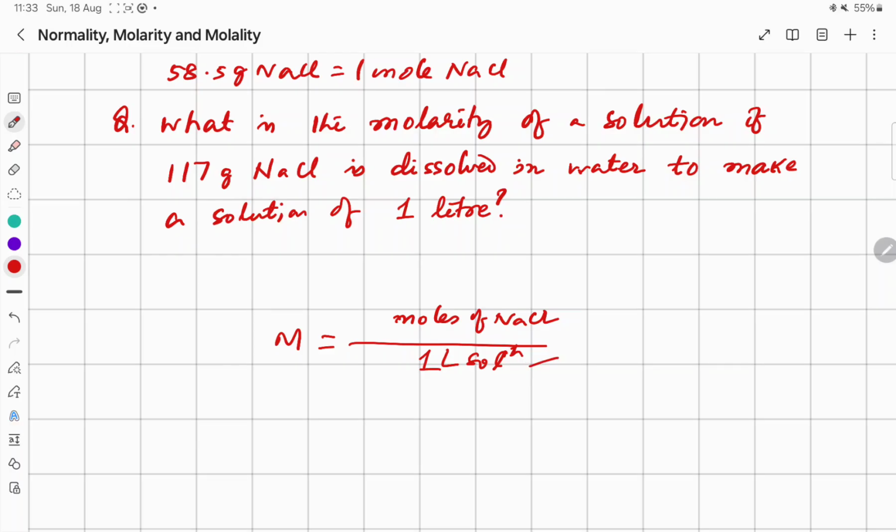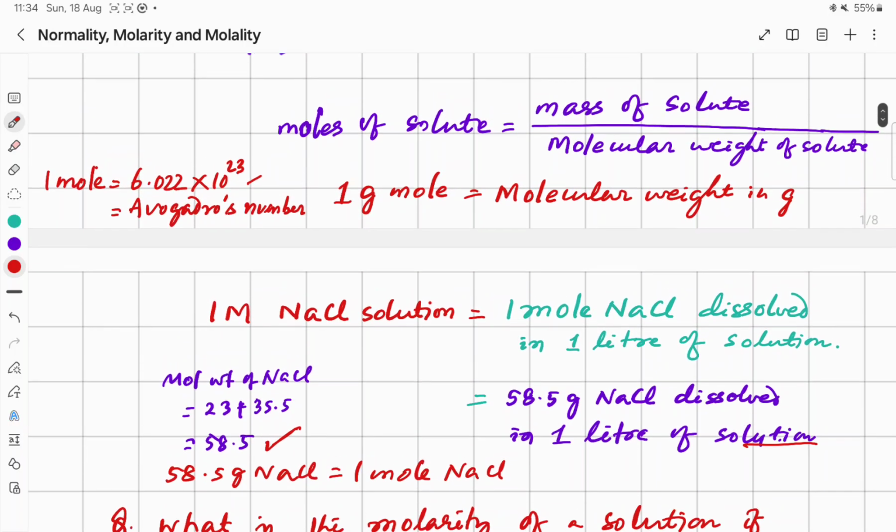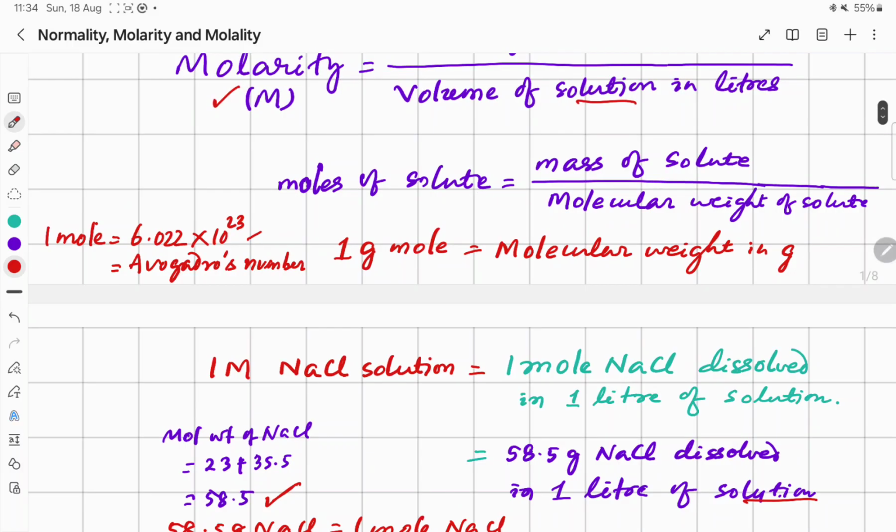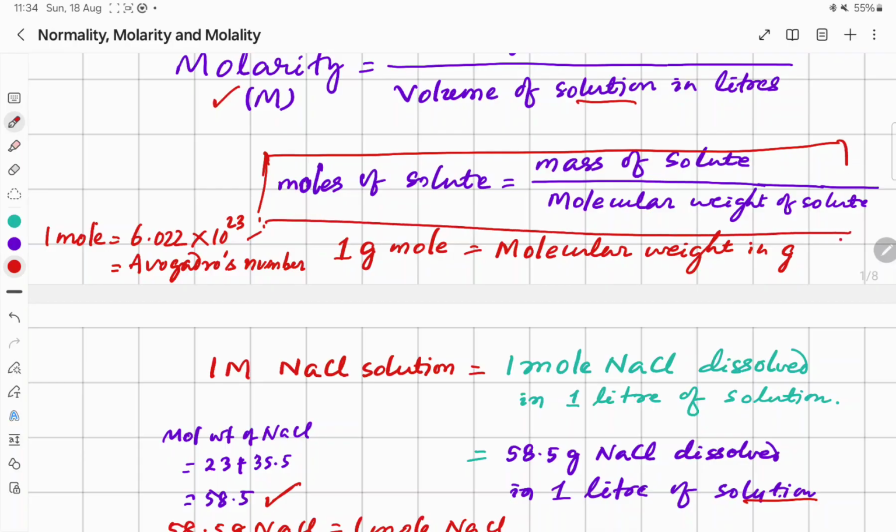So moles of sodium chloride, we know that 1 mole is equal to the sodium chloride molecular weight in grams, so that is 58.5 grams of sodium chloride. So when we say 117 gram, that means it will be 2 moles. For that we can also use this formula: moles of solute is equal to mass of solute divided by molecular weight of the solute.